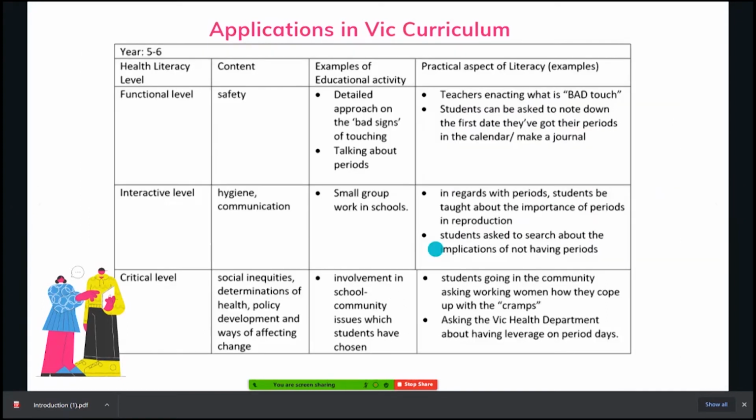Now, in year 5 and 6, the main content is safety. So the functional aspect would be teachers enacting how bad touch would be comprehended and noting down the importance of the periods in the calendar.